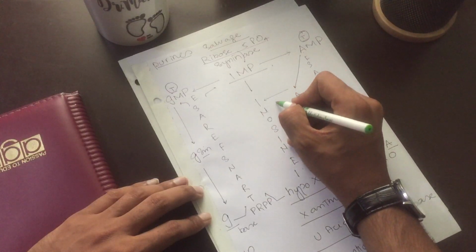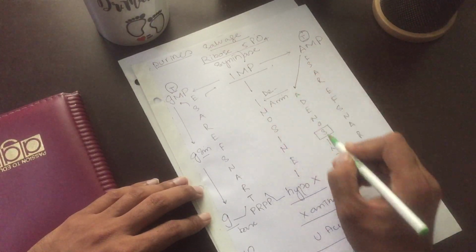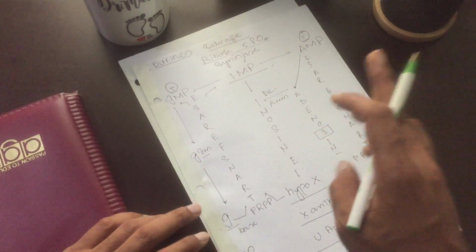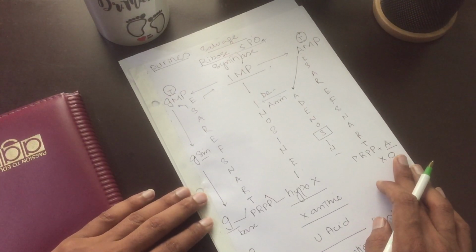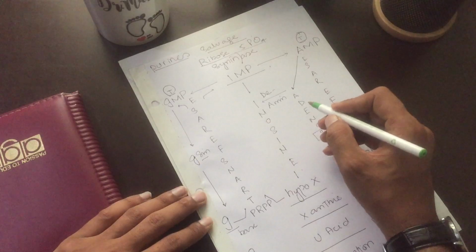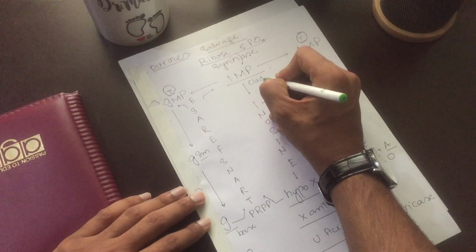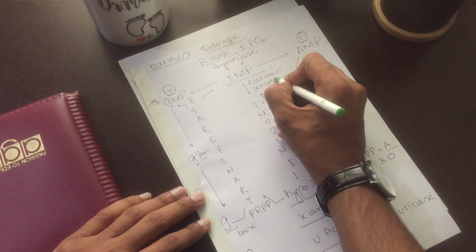back into inosine by an enzyme known as adenosine deaminase, ADA. This enzyme is inhibited by medications known as cladribine or pentostatin.